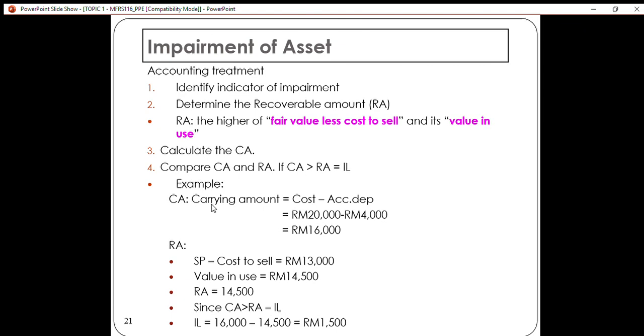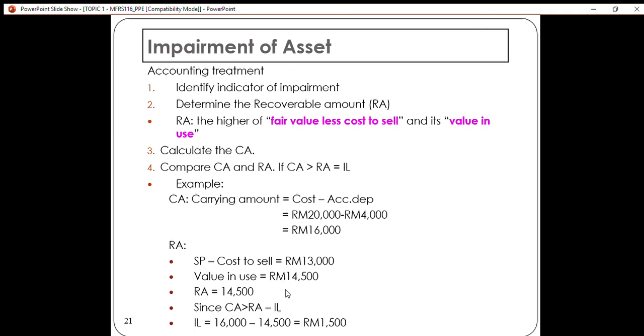Let's have a look at this example. Let's say the carrying amount is RM 16,000. The recoverable amount: the selling price minus cost to sell is RM 13,000, and value in use is 14,500. So the recoverable amount should be the higher of selling price less cost to sell 13,000, or the value in use 14,500. We should choose the higher one, that is 14,500, as the recoverable amount.